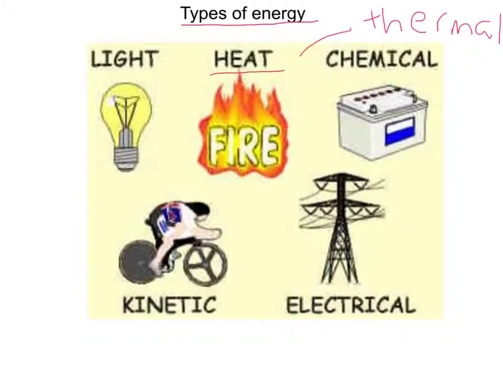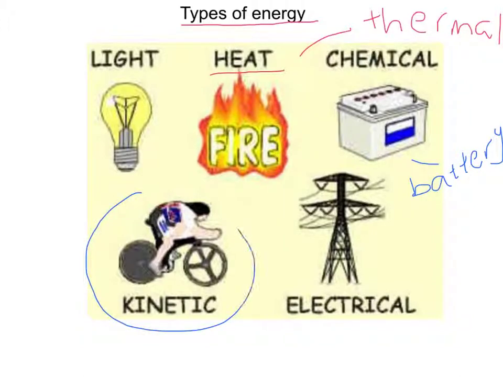We've also got chemical energy, which is anything stored in a chemical reaction. So for example, like gas is chemical energy, or things in batteries as well can be called chemical energy.